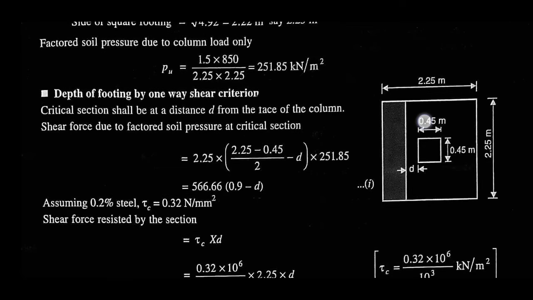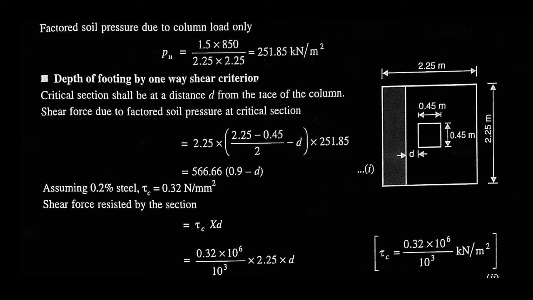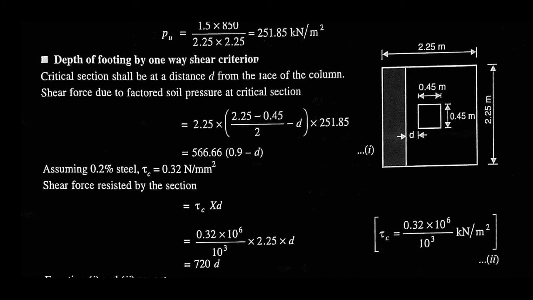Now shear force resisted by the section is equal to tau c into x into d. So x means one side of footing, and as this is square footing, we can take any side because the value is the same. But in case of rectangular footing, we should design it twice, for x axis shorter span and for y longer span.